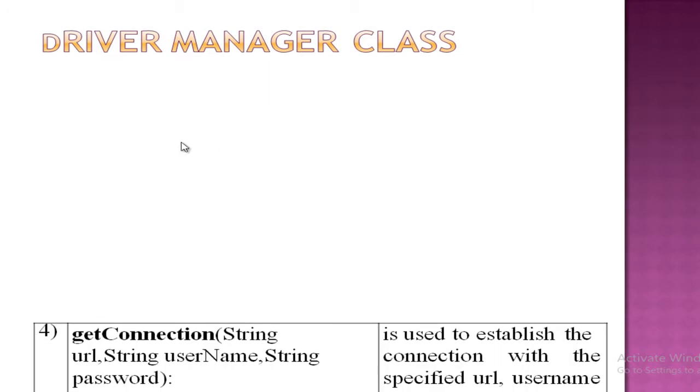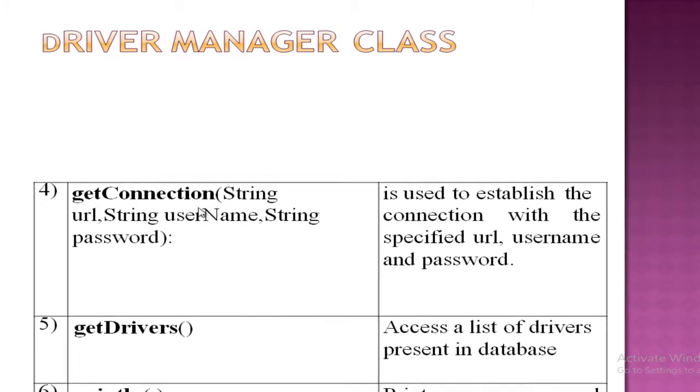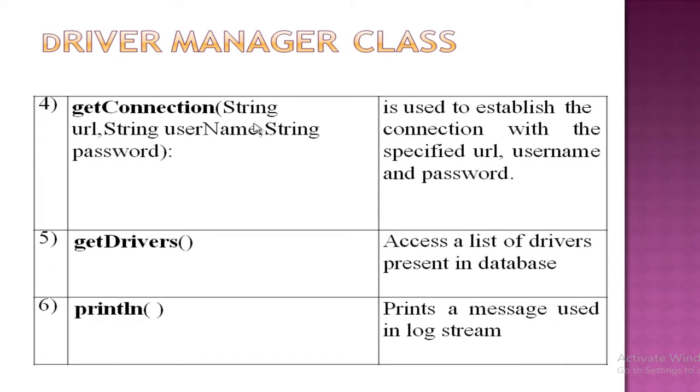Then next, getConnection with String url, String username, String password. That is used to establish the connection with the specified URL, username, and the given password. So this is about establishing the connection.